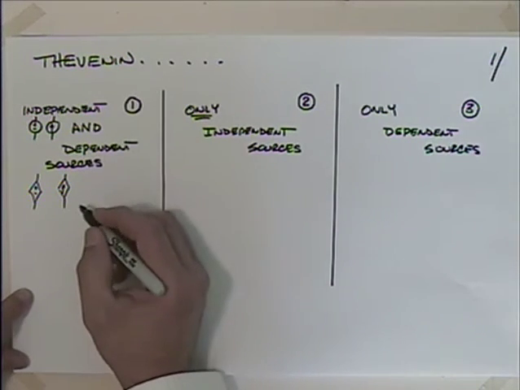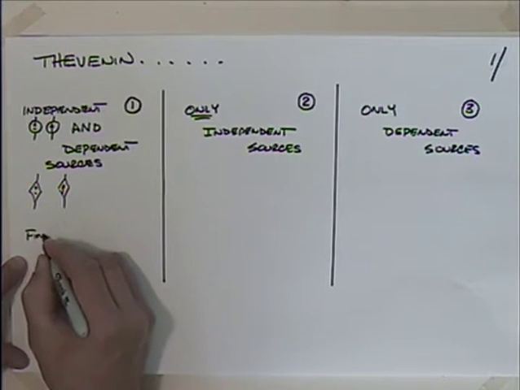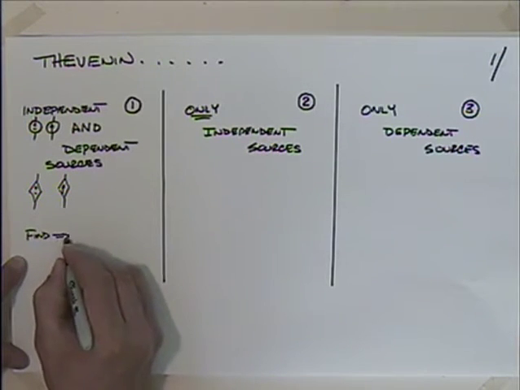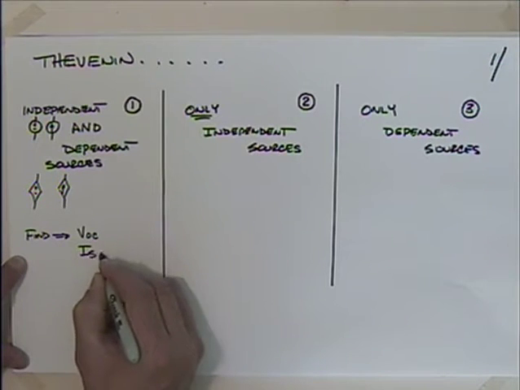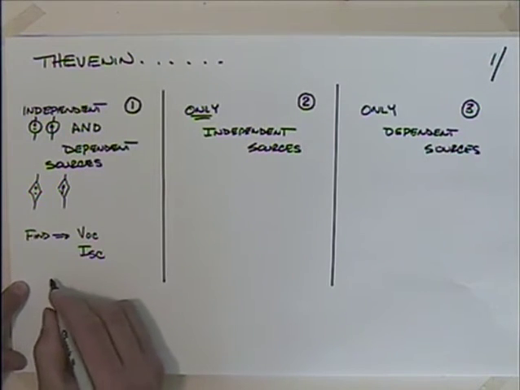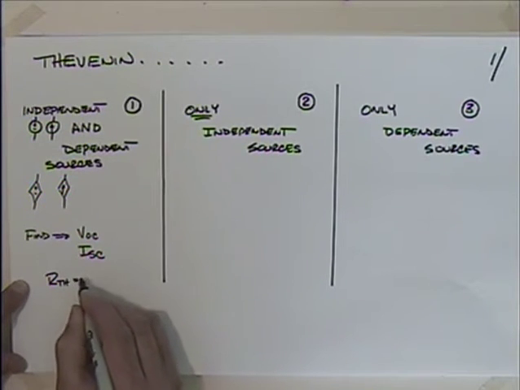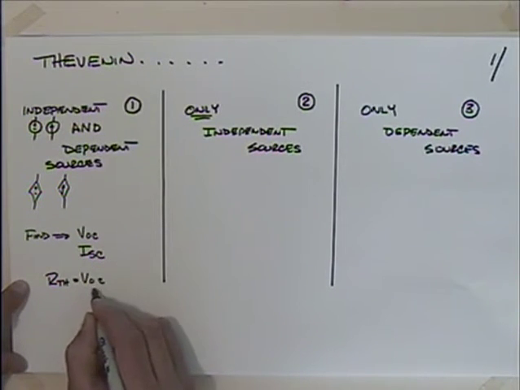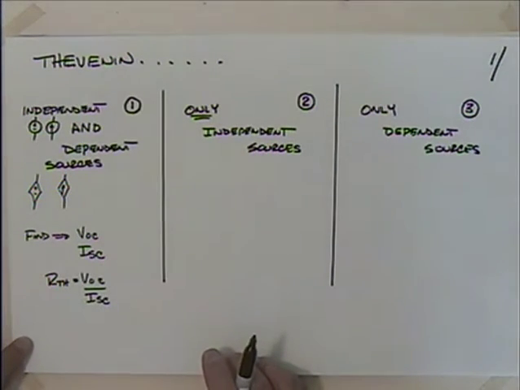With those possibilities, you're going to have to find V open circuit, and you're going to have to find I short circuit, and then with those you can calculate R Thevenin, which is the ratio of the open circuit voltage to the short circuit current.